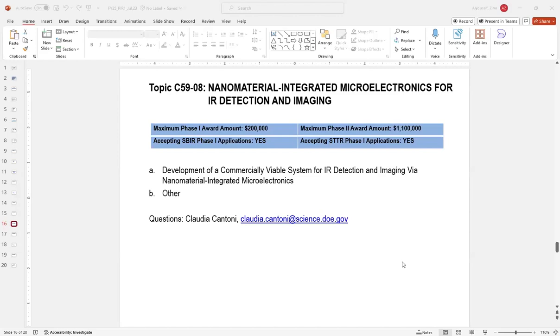And we're looking for prototypes that demonstrate sensitivity, uniformity, and energy efficiency at a level better than the comparable indium gallium arsenide detectors. So we do just have the one subtopic, but of course there's B if you have some other ideas beyond that that are still responsive to the topic. And Claudia Cantoni will be the main point of contact for questions, but I can try to answer if you have some here today.